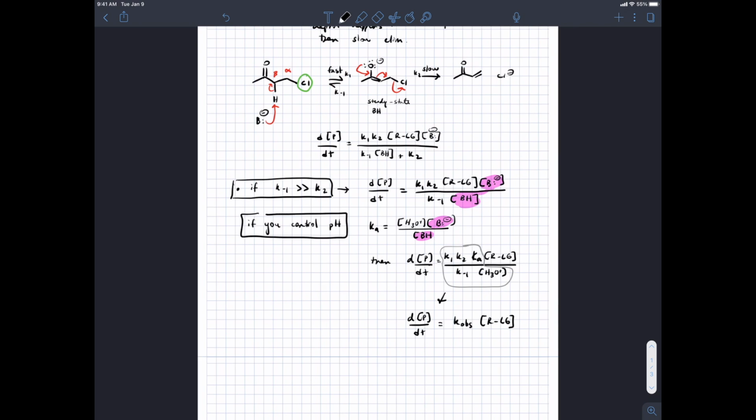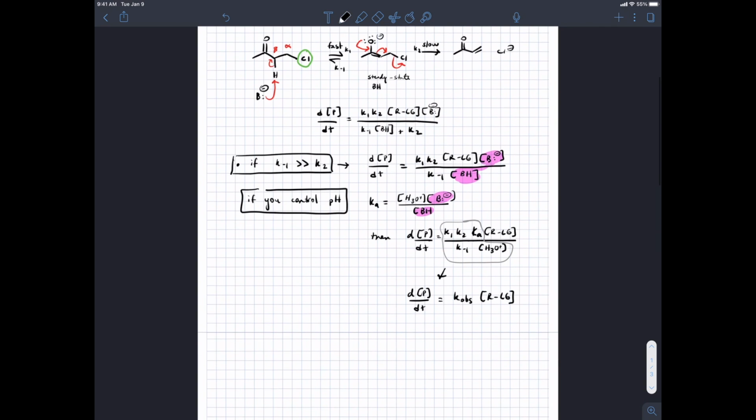In this situation, as we've talked about it, because k2 is the slow step, the base is not involved in the rate determining step, and therefore we would call this specific base catalysis, because the base is involved previous to the rate determining step. Other questions?